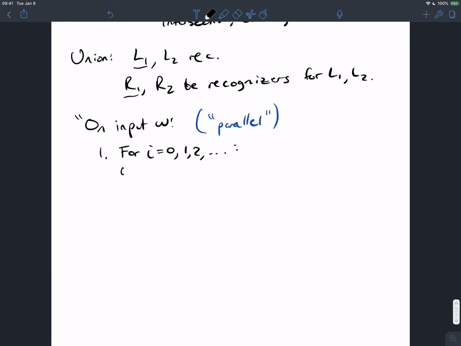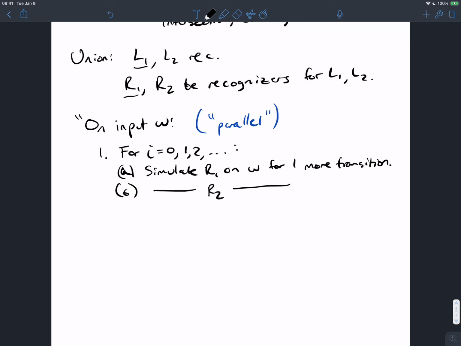Let's see. Simulate R1 on W for one more transition. And then the same thing for R2, for one more transition.